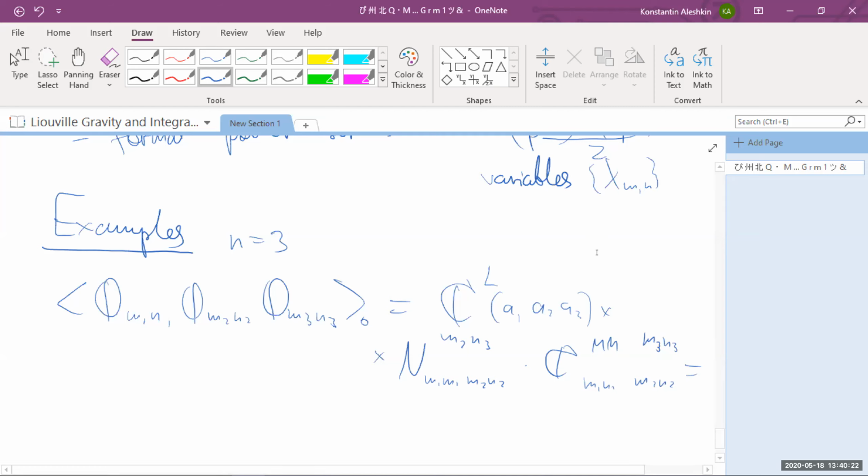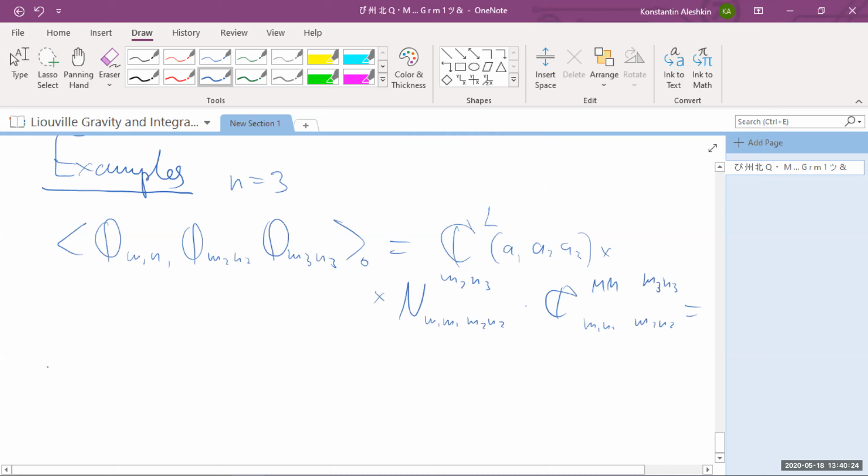And this turns out to be a very simple expression. So this is a constant, which doesn't depend on anything, times this fusion rule coefficient of the minimal model, which is again a representation of SL2 for each triple of indices m and n, times just a product of some normalization factors. They're called leg factors, which depend on these A_i's.